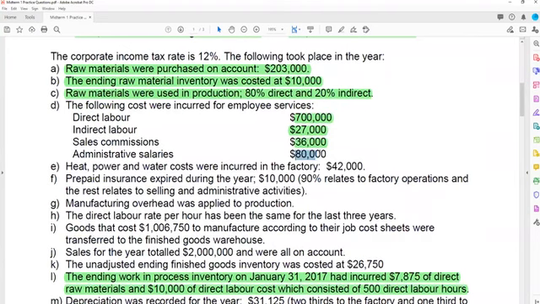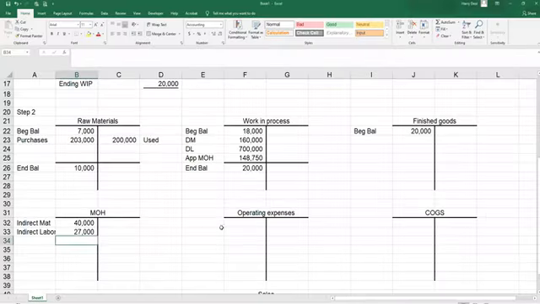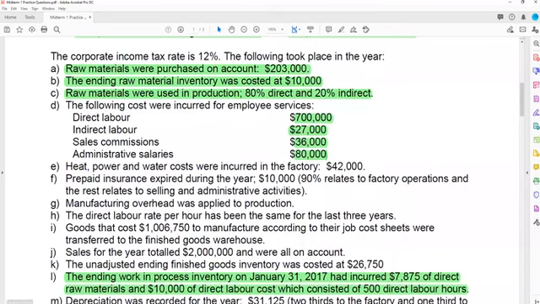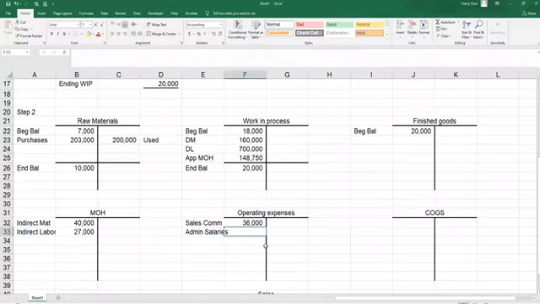These are both to be included under operating expenses. So sales commissions and admin salaries, $36,000 and $80,000 respectively.